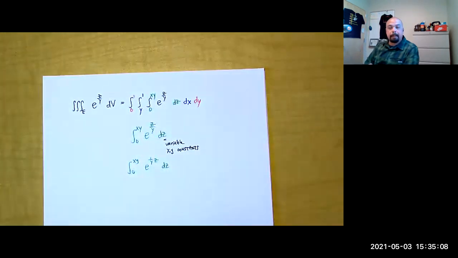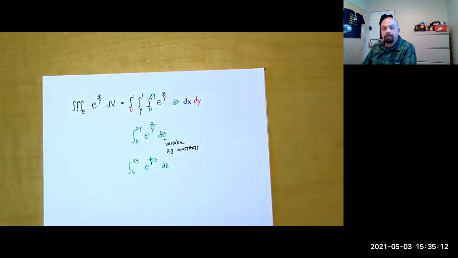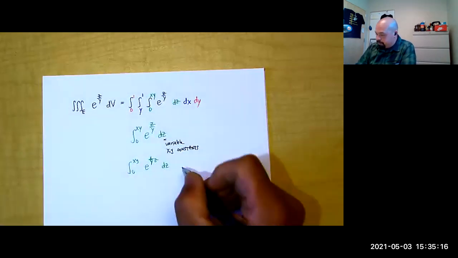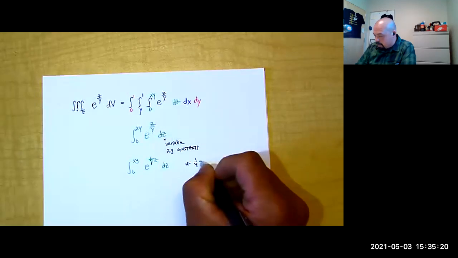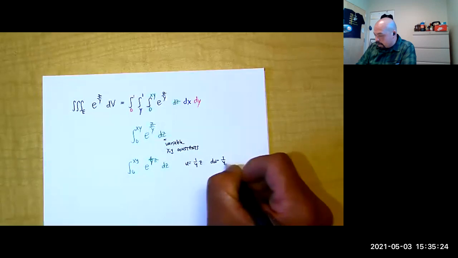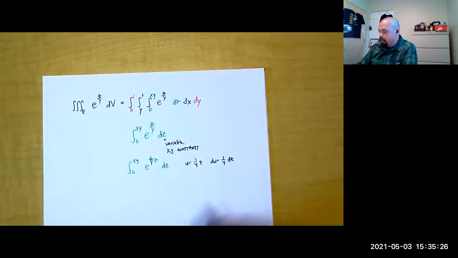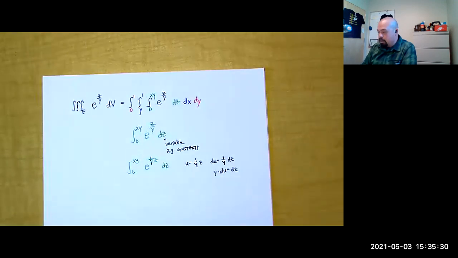Just rewriting that. If it's helpful, you can imagine that u is equal to 1 over y z, du is 1 over y dz, so that y times du is equal to dz.